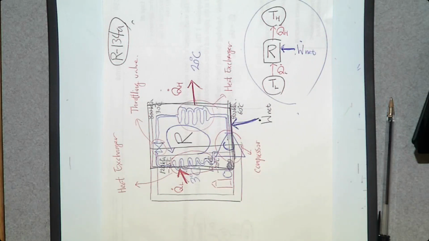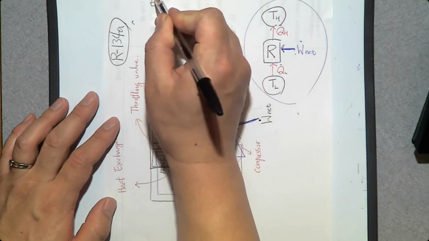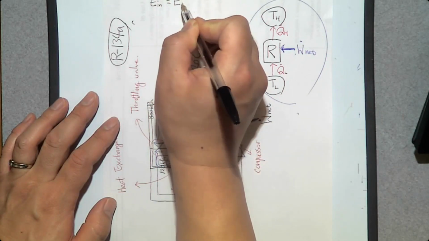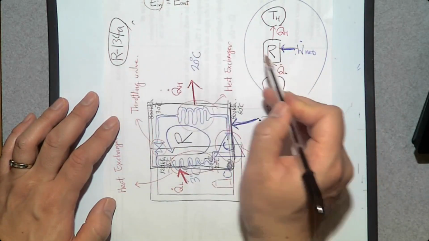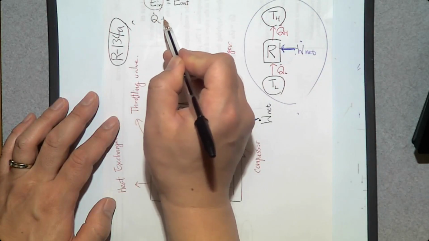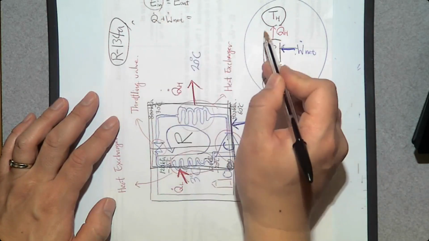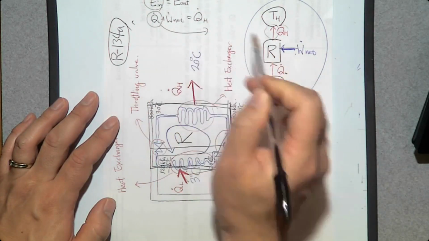We can first think about energy balance. What is energy balance? Whatever energy transfer goes into this refrigerator should be the same as energy transfer out of the refrigerator. So what goes in? 1, 2. So Q dot L and W dot net, these two go in. And only one comes out, Q dot H. So let's move to the other side.